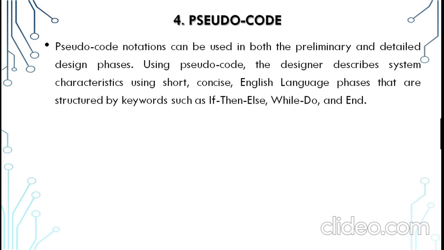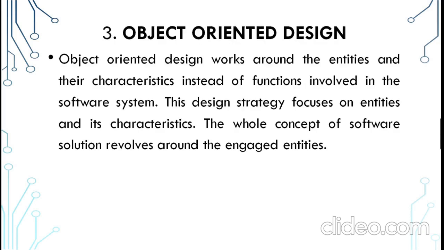After completion of the function-oriented design, the third strategy which we follow is the object-oriented design, which works around the entities and their characteristics instead of the functions involved in the software system. This design strategy focuses on the entities and their characteristics rather than the function and the structure.